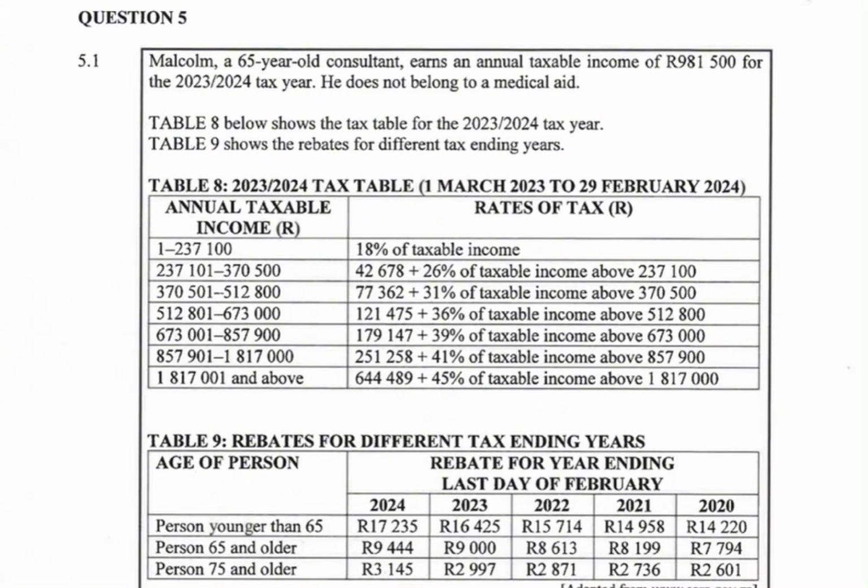He does not belong to any medical aid. It says that table 8 below shows the tax table for the 2023-2024 tax year, and then table 9 shows the rebates for the different tax ending years.